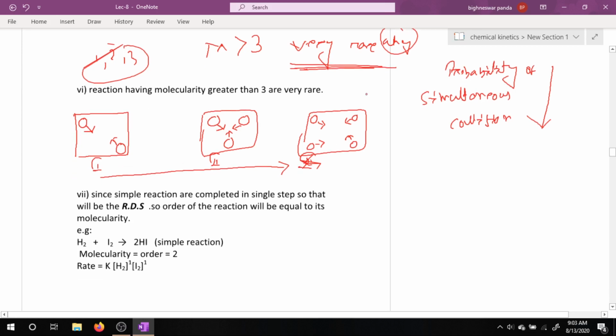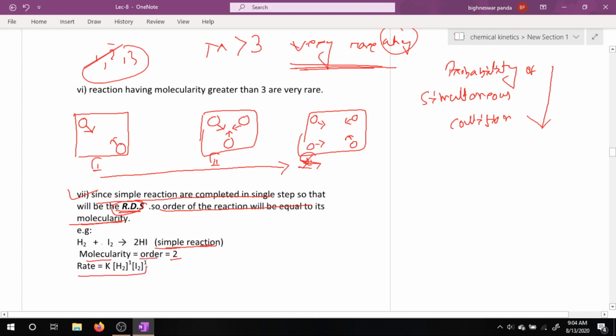Let's come to another part. Since simple reactions are completed in a single step, that will be the rate determining step, RDS. So order of the reaction will be equal to its molecularity. Let us consider the reaction H2 plus I2 gives rise to 2HI. Since this is a simple reaction, molecularity is 2, two molecules are present, and that will be equal to order 2.